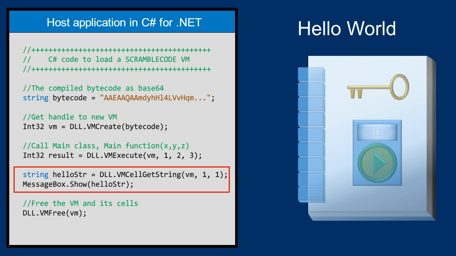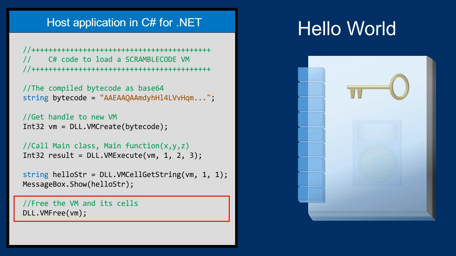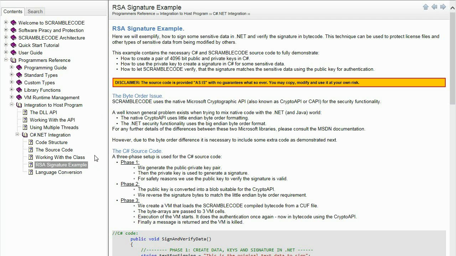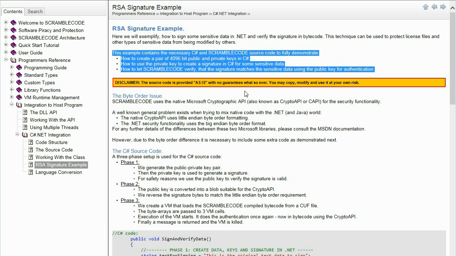Finally, the C# code just reads the string value and presents the message box, and then ends by freeing all resources and cells of the VM. This was a very simple Hello World example, but the documentation includes a more sophisticated and relevant example that demonstrates how to protect some sensitive data, perhaps a license file, with an RSA signature in C# and then use SCRAMBLECODE to authenticate the signature in protected bytecode.